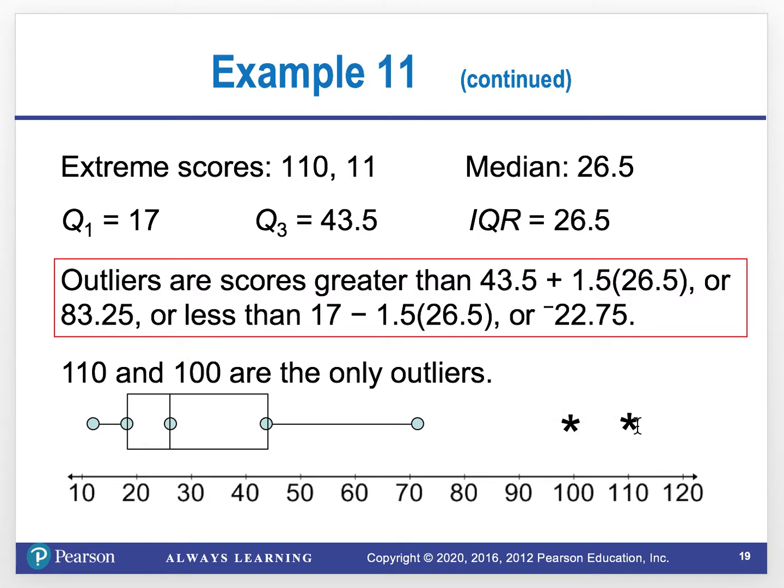Notice 100 and 110 were both outliers. Any number above this point right here would be considered an outlier. And then you do the same thing for the first quartile, but you subtract 1.5 times the IQR. So to be an outlier in this direction, you'd have to have negative 22.75. So my low score of 11 is not really an outlier there.